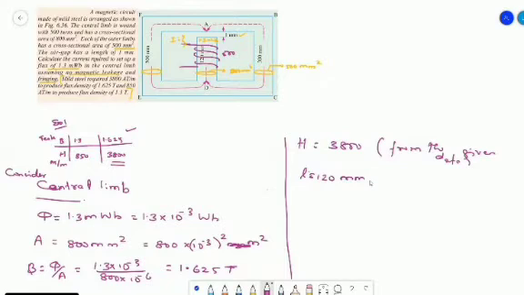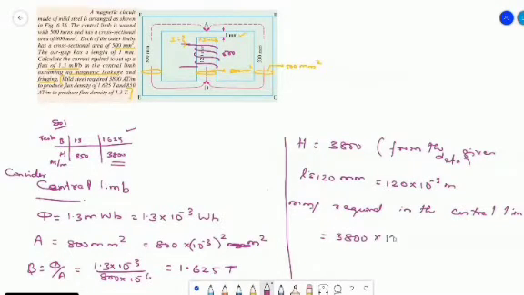So therefore, I will be able to find the MMF required in the central limb. So this is how much? H into L. So that is 3,800 into 120 into 10 to the power minus 3. You get 456 ampere turns. So once this is done, let us try to analyze the air gap.